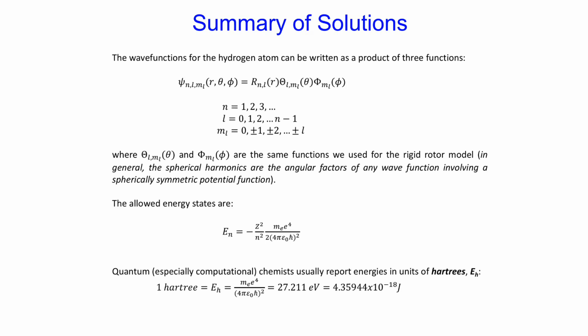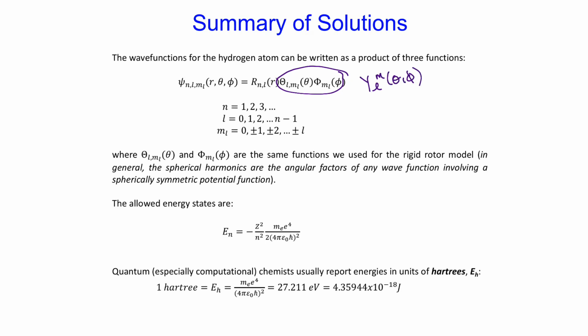The wave functions we've already mentioned can be written out as a product of 3 functions. We have our radial component, our theta component, and our phi component. Remember, these angular parts are just your spherical harmonics again.